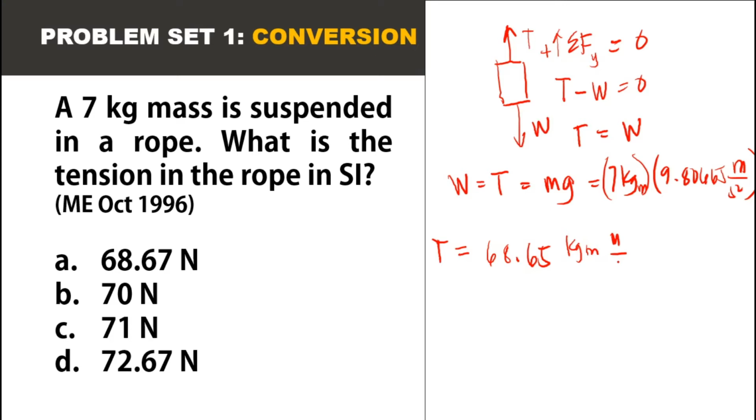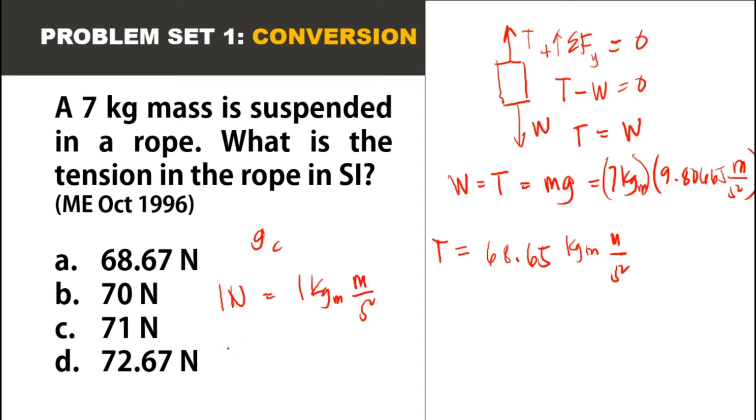The most important part in dealing with forces involving conversion is the gravitational constant. So we have the conversion 1 Newton is equal to 1 kilogram mass meter per second squared.